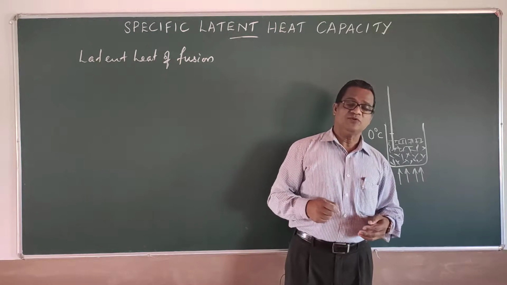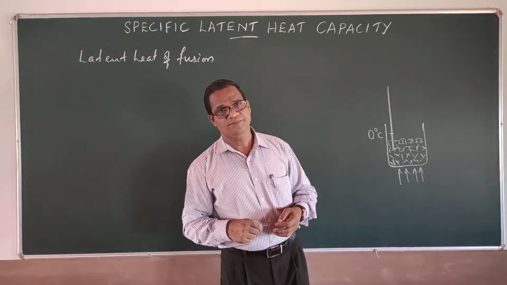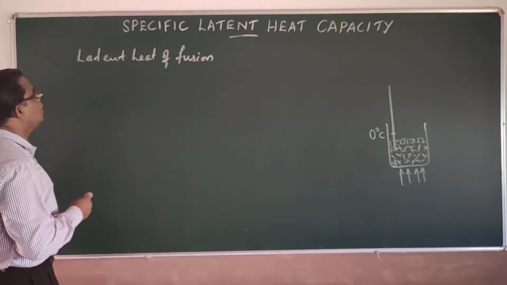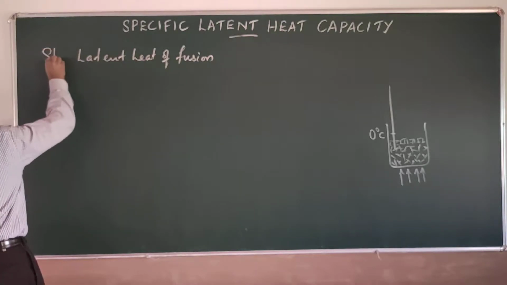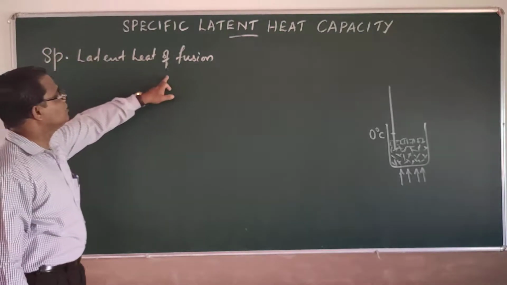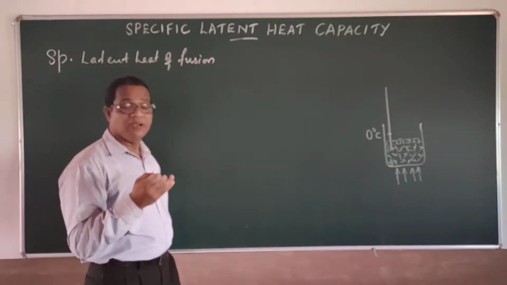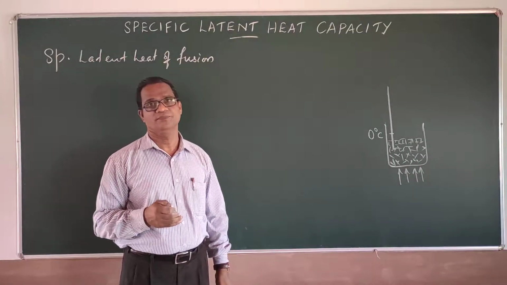If I define it for 1 gram of ice, we get a quantity called specific latent heat of fusion, or specific latent heat of melting of the solid.